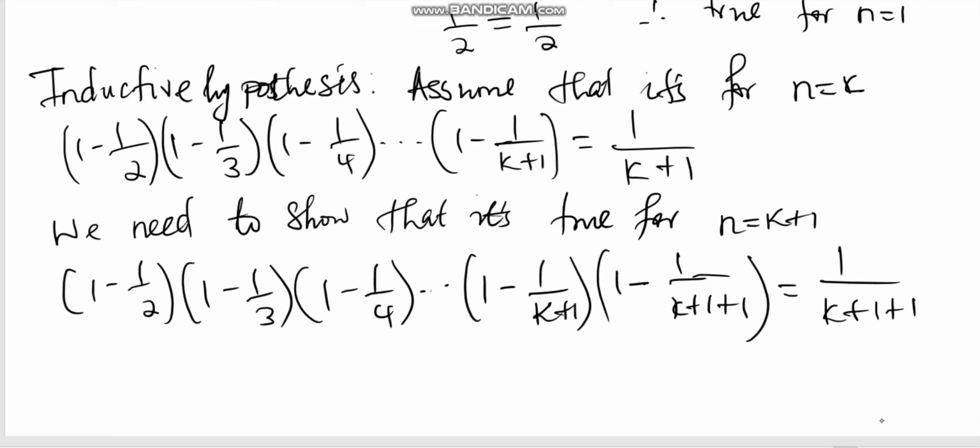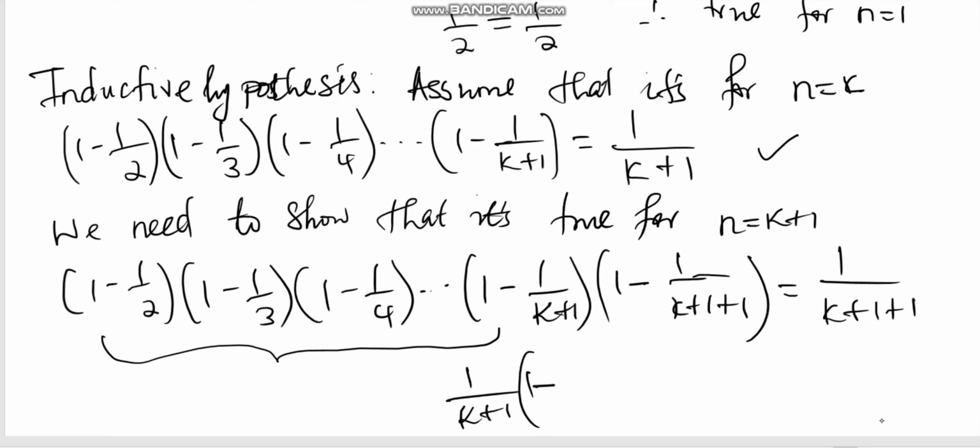So we're going to simplify this expression here so that it's equal to what we have on the right hand side this side. So if you look at this here, all the way up to this step, it's this step that we have. So I'm just going to substitute here with what we have this side. So we have 1 over k plus 1 times open brackets 1 minus 1 over k plus 2 like this being equal to 1 over k plus 2 like this here.